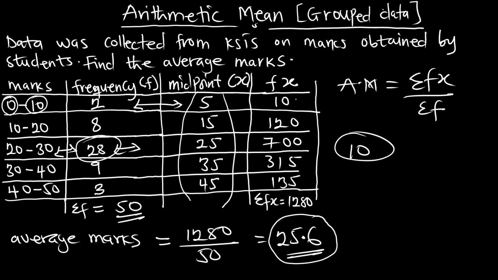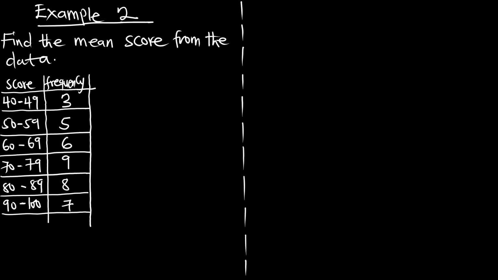Let's look at the next example to also find the arithmetic mean. Now example 2. Find the mean score from the data.